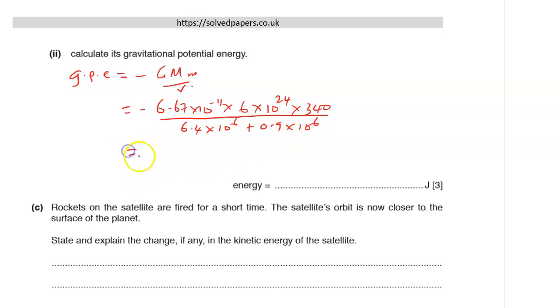This should be less than 0 because 0 is at infinity and is the maximum gravitational potential energy. When you calculate it, it is 1.9 times 10 raised to power 10. So you need to include the negative to show that the energy is less than 0. You don't need to write the units, as they are provided there.